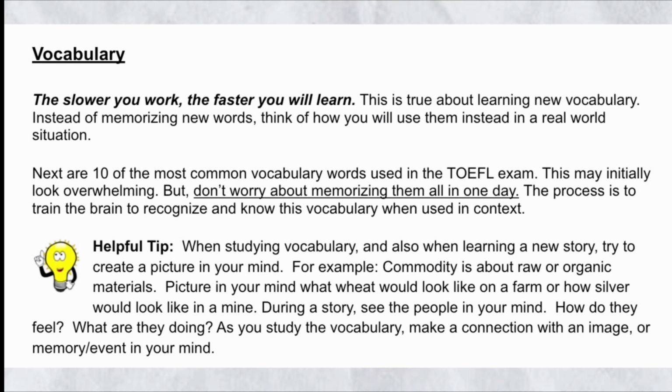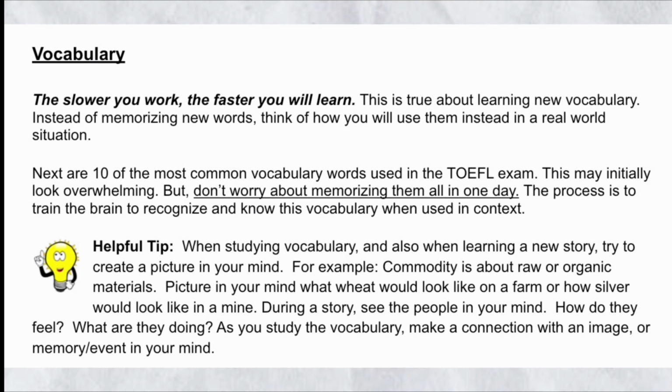The process is to train the brain to recognize and know this vocabulary when used in context. Helpful tip: when studying vocabulary and also when learning a new story, try to create a picture in your mind. For example, commodity is about raw or organic materials.